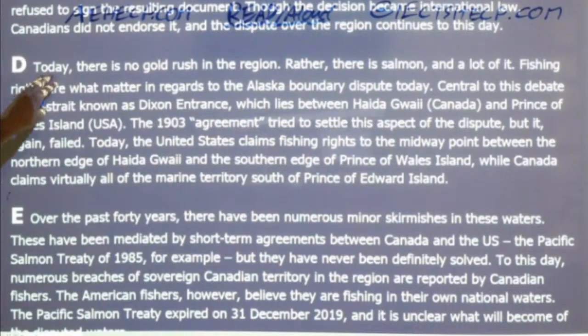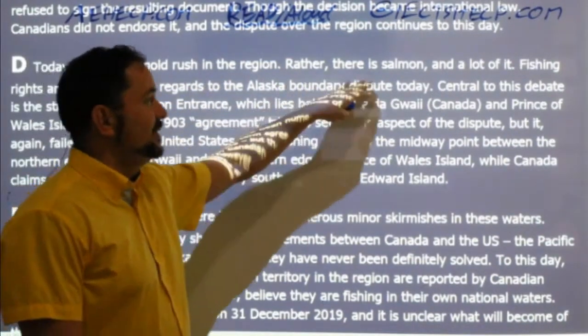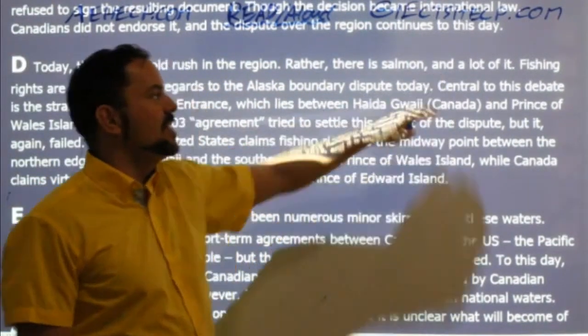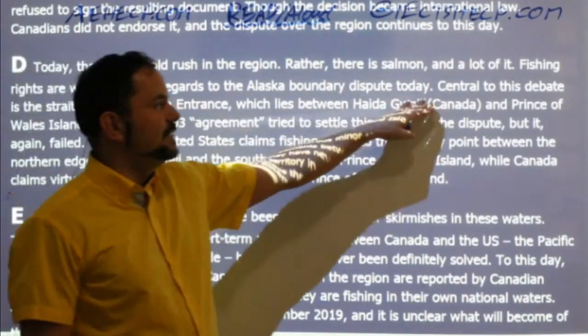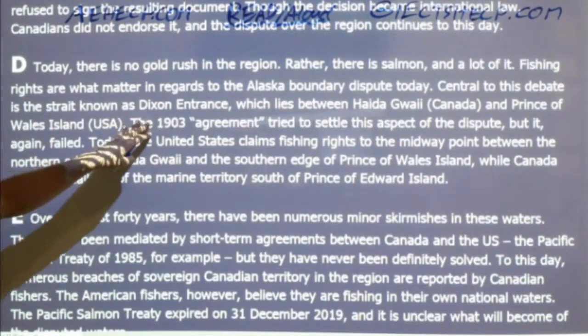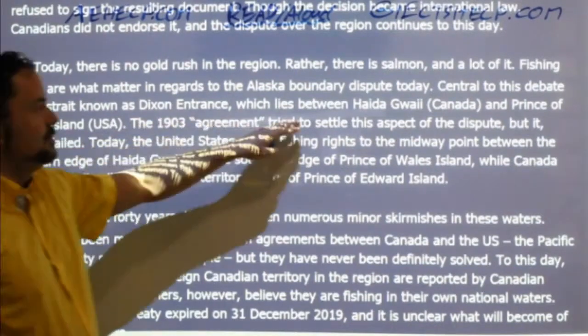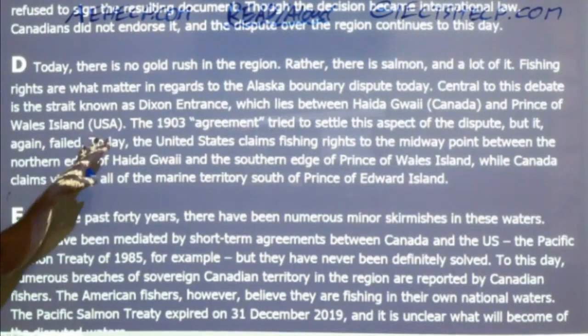Here we go. Today, there is no gold rush in the region. Rather, there is salmon, and a lot of it. Fishing rights are what matter in regards to the Alaska boundary dispute today. Central to this debate is the strait known as Dixon Entrance, which lies between Haida Gwaii, Canada, and Prince of Wales Island, USA.